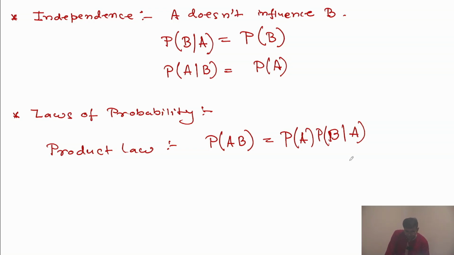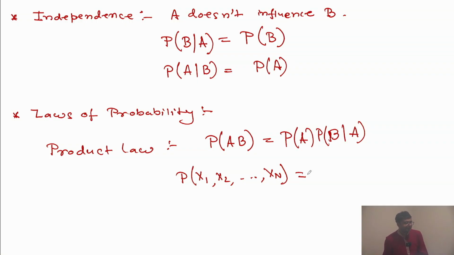What will happen for n number of events? Probability of x1, x2, xn. Can you tell me what it will look like? x1, then x2 given x1, then x3 given x2 and x1, and this will continue.